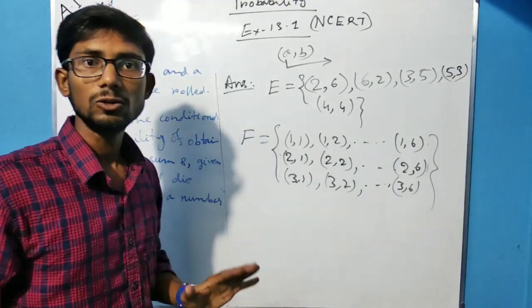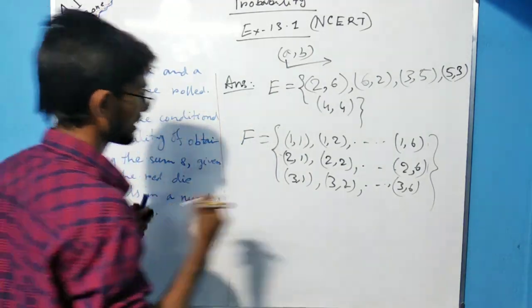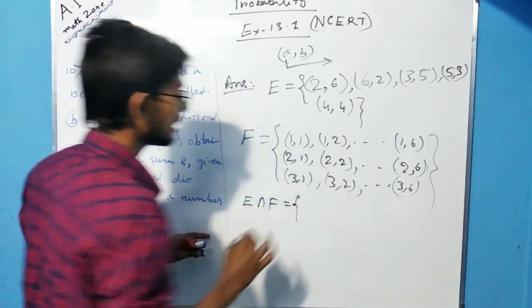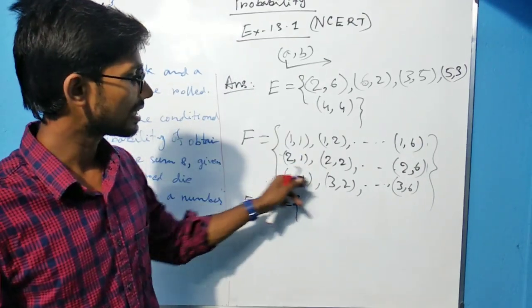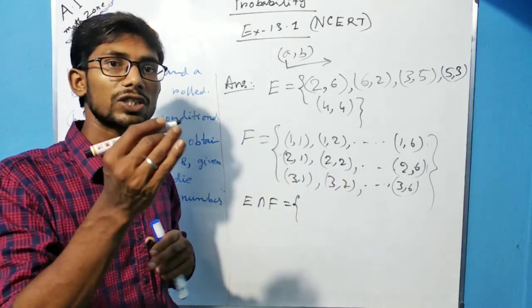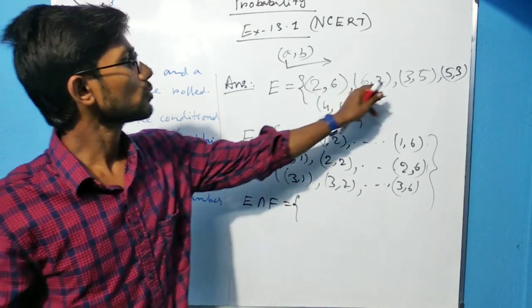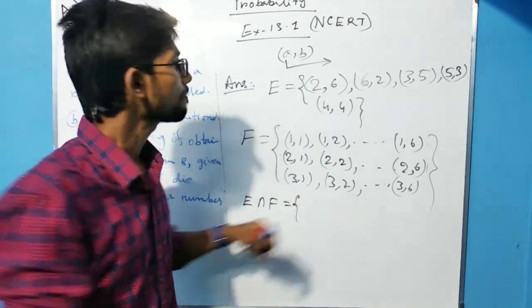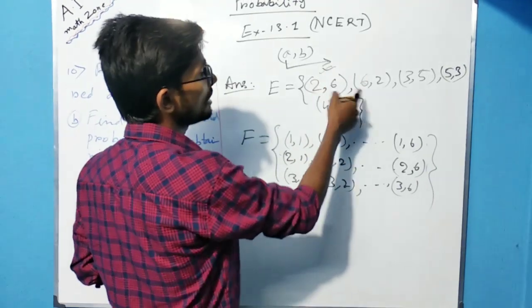Now intersection. If we take the intersection, that means E intersection F, then the numbers, see here, in all the elements here, the first element should be less than 4, right? So the elements where the first element is less than 4 are the ones that will match. So this will be the element 2, 6.